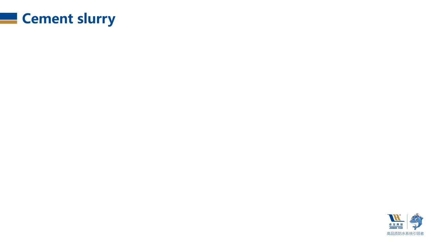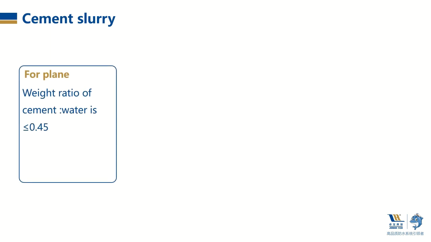Then someone may be interested in the cement slurry. The ratio is different according to the application part. For the plane, the weight ratio of water to cement is not less than 0.45.